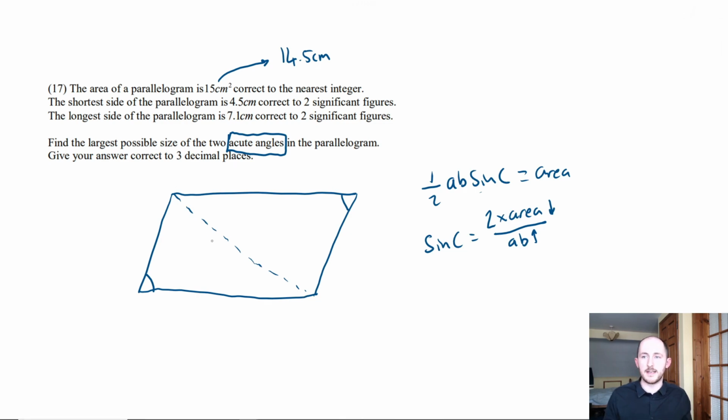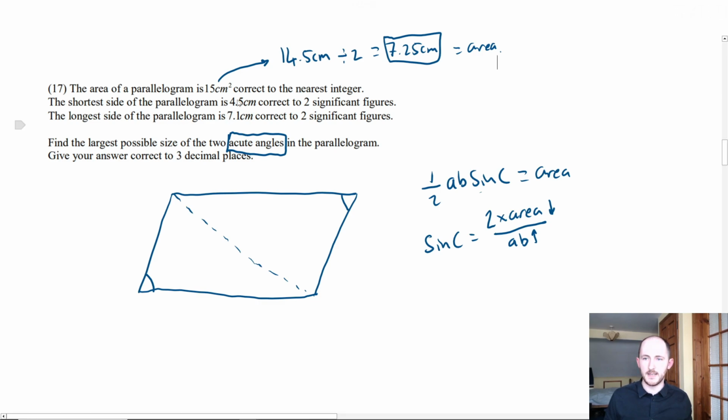So I need to divide it by 2, okay? So we've taken the lower bound of 14.5, but that's of the whole shape. I slice it in half, so I halve the number, which would give me 7.25 centimeters. That's my area, okay? Hope that's okay.